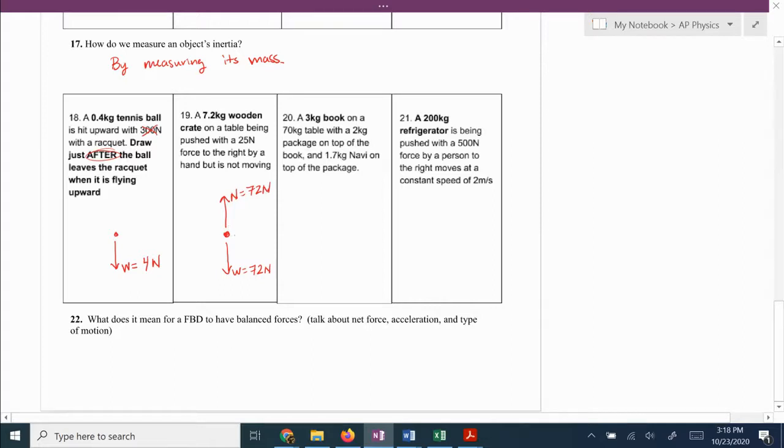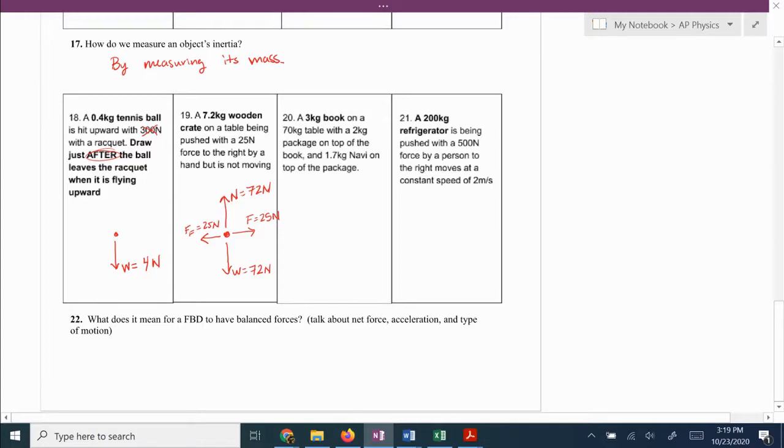Then we have a force to the right of 25 newtons, and we would then have a force to the left, the force of friction. Because it's not accelerating, we have to have balanced forces, so friction is also equal to 25 newtons.